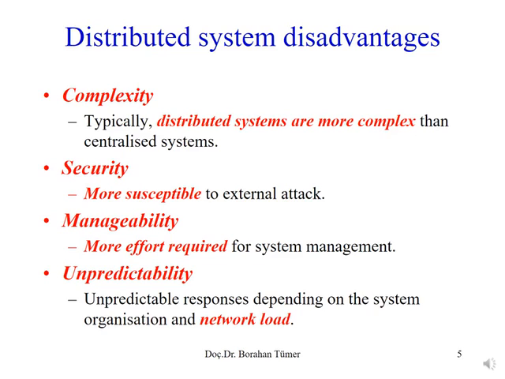Now that the distributed system runs with a multiple number of processes on a multiplicity of processors, and since they need to communicate with each other, there will be a traffic on the network which connects them, and this will make the distributed system more vulnerable to external attacks.